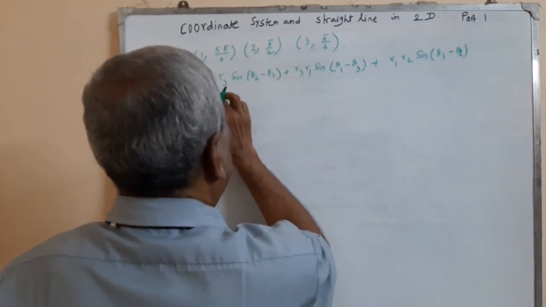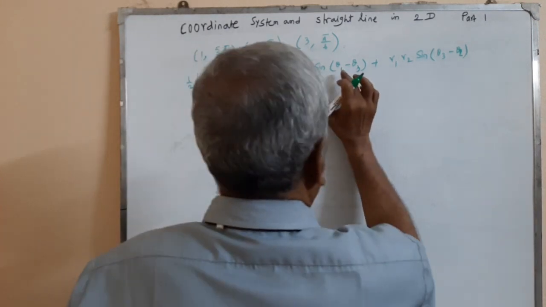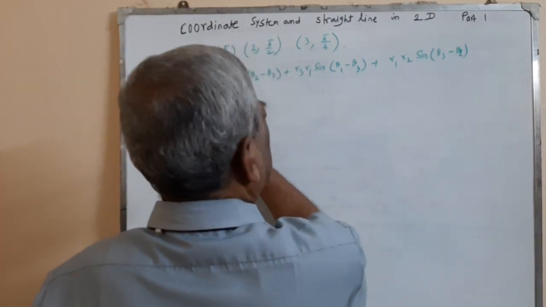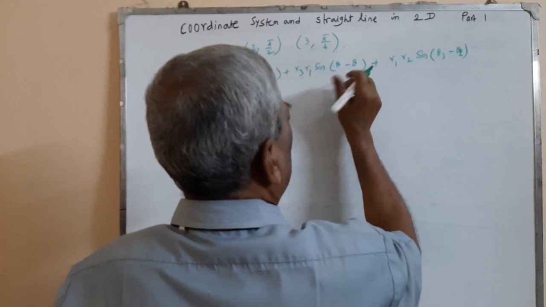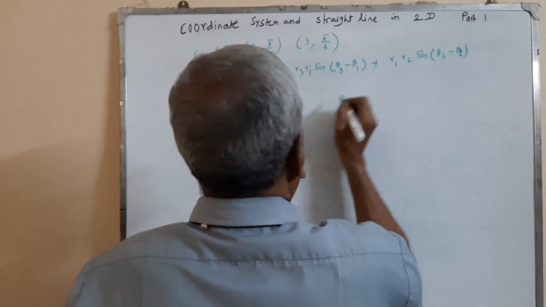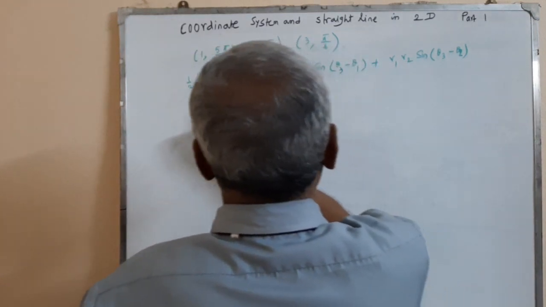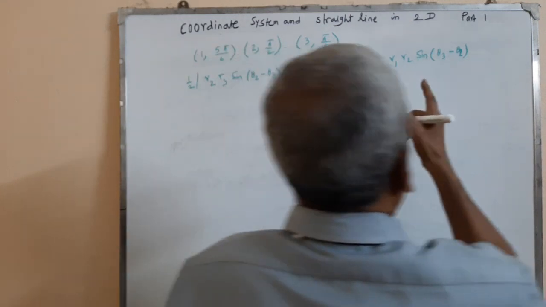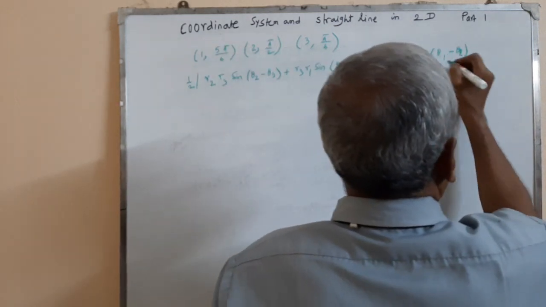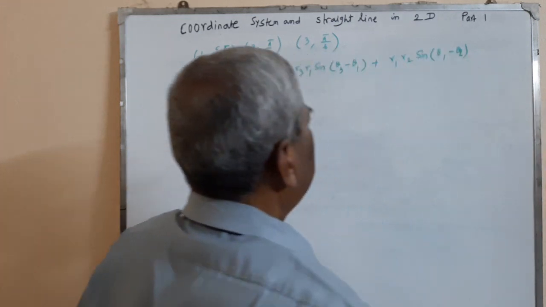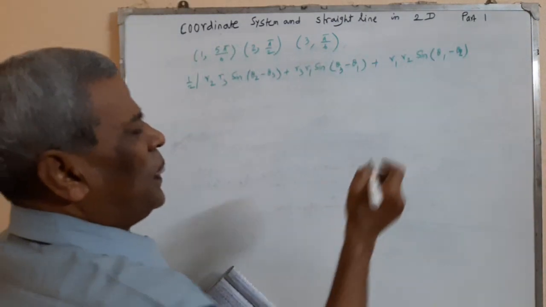It is actually from this minus that. So it is theta 3 minus theta 1, and then theta 1 minus theta 2. Now I think all right.